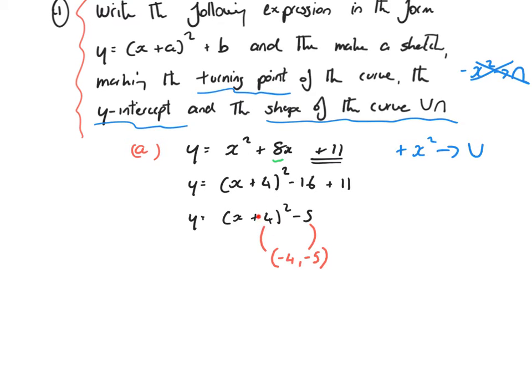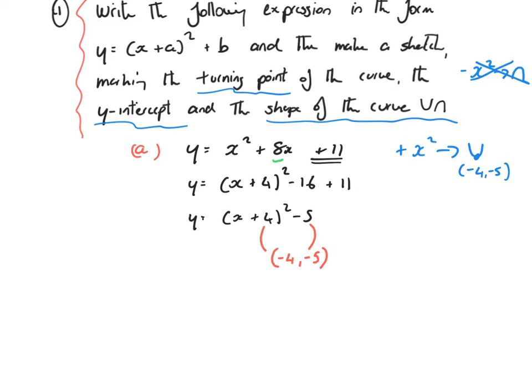The number that's inside the square bracket, you take it down and you change its sign, and that will give you the x coordinate of the turning point. The number outside the bracket, you just take that straight down, and that is the y coordinate of the turning point. So now what we've got is the x and the y coordinate of the turning point. Look at the full thing, and that is minus 4, minus 5.